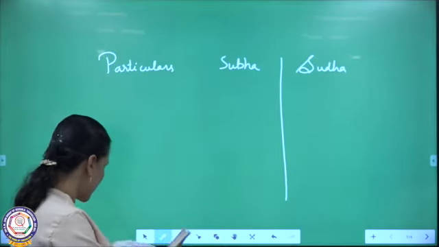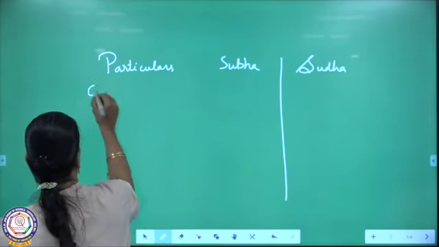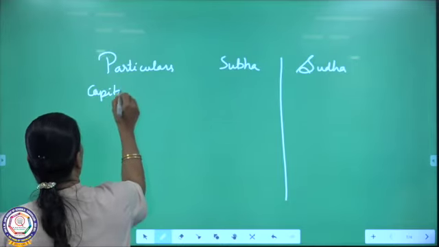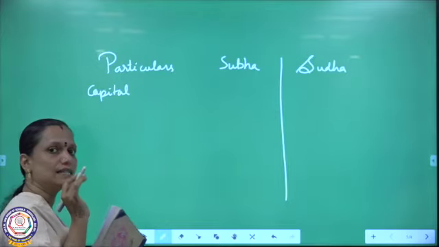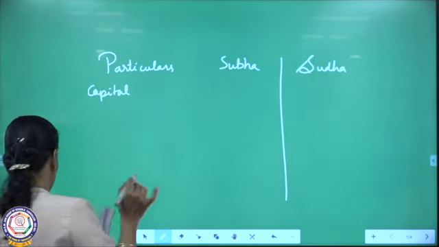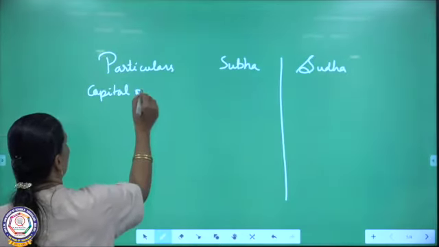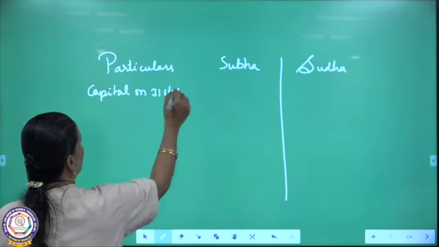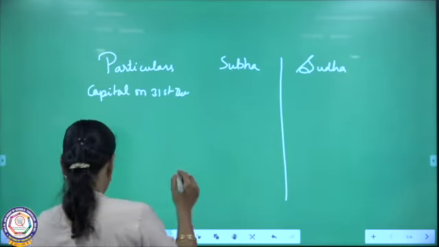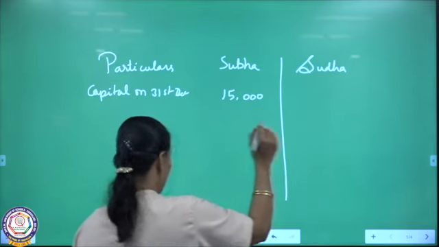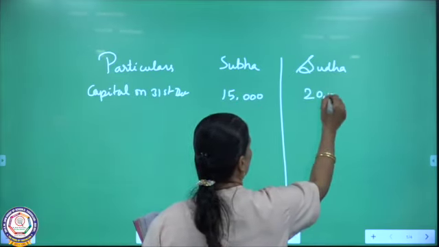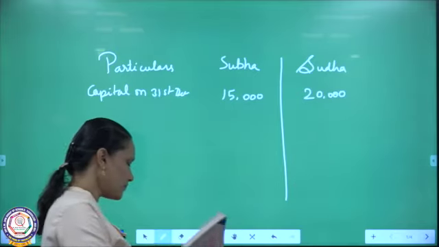Okay. So, first what we should do, capital they have given. I already said in the balance sheet, if it is given, it is the closing capital. Okay. So, capital on 31st December. How much have they given? 15,000 and then 20,000. Okay.